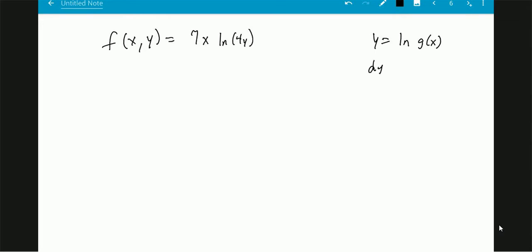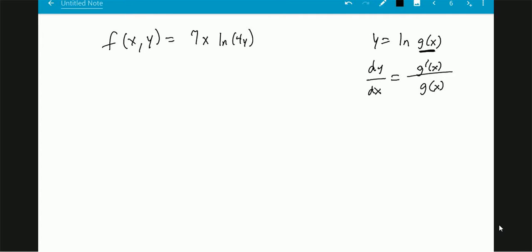Basically what you did there is you got a fraction. The bottom of the fraction is whatever you're taking the log of. I'm taking the log of g of x there. And the top was the derivative of the bottom, so g prime of x. That was the rule.